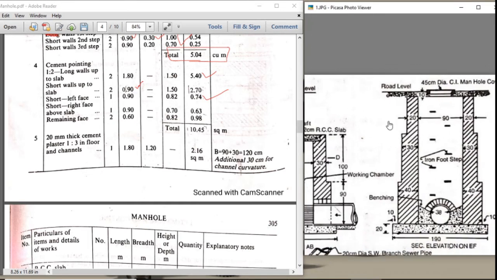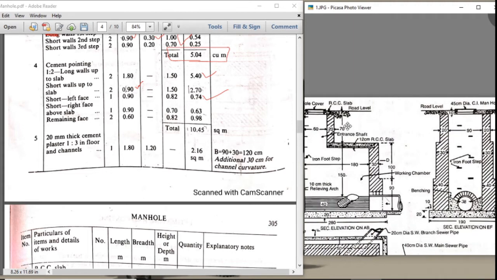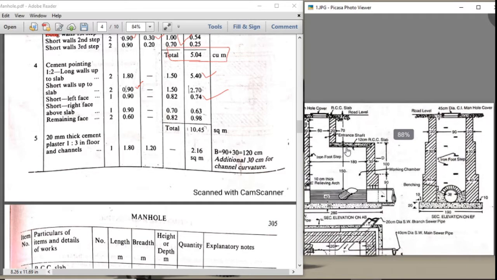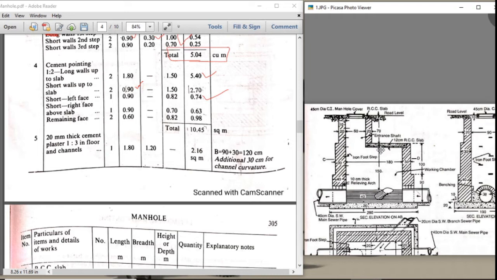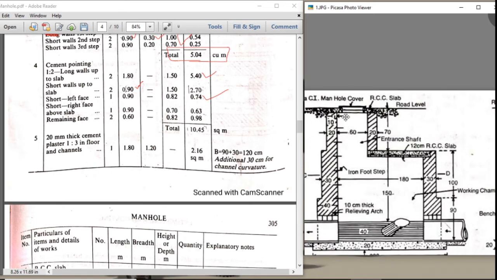So short wall, right face, above slab. Okay, 1 into 0.90 into 0.70. So 1 is including the RCC slab, it is 0.82. So for right face, 0.90 into 0.70 is 0.63. Remaining face here, front and back side of the manhole cover is there, no?